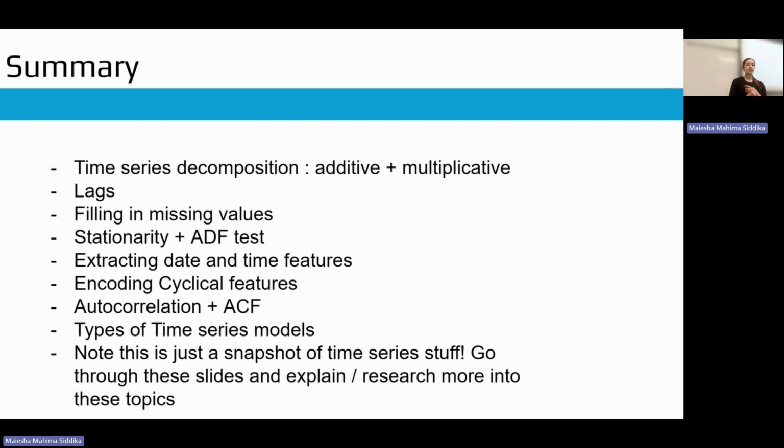We looked at the ADF test to measure and detect stationarity. Then we extracted date and time features and encoded cyclical features as a feature engineering technique specific to time series. We also looked at autocorrelation and the ACF function. And then we briefly looked over some different types of time series models.